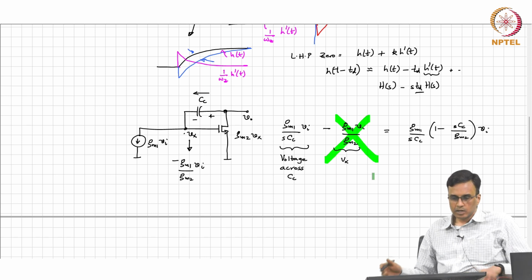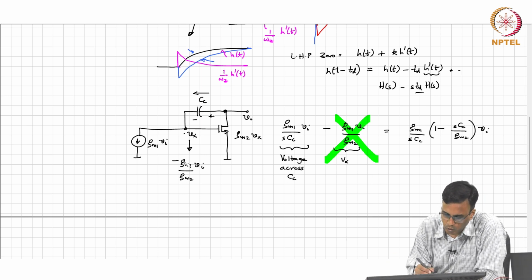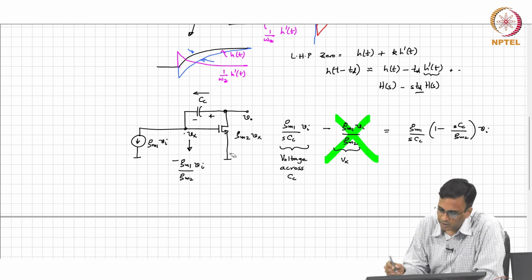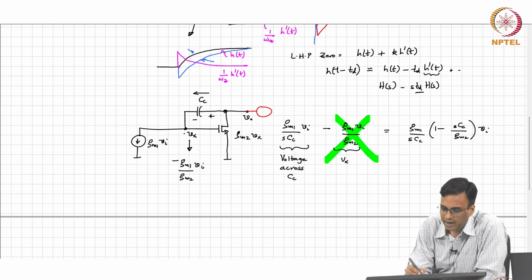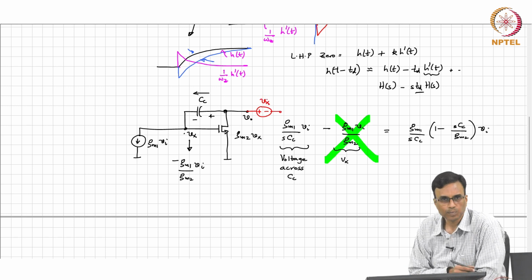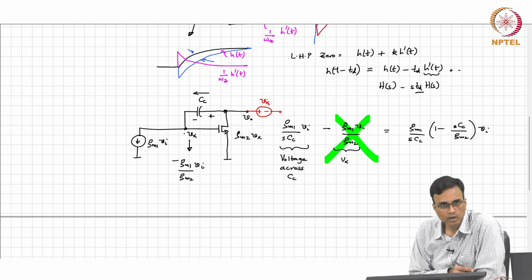So, in principle, if somehow we had a voltage source Vx, we could simply add it in series with Vo, and that will give you Vo minus Vx, and therefore we can get rid of the 0. Is this clear?